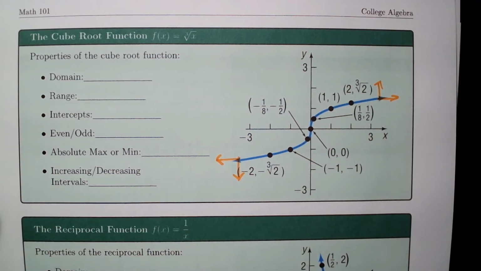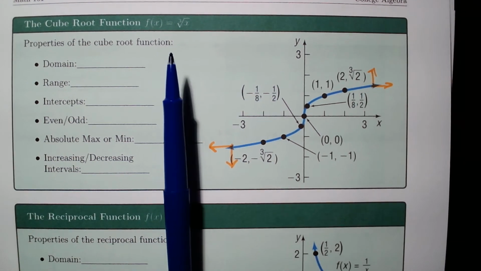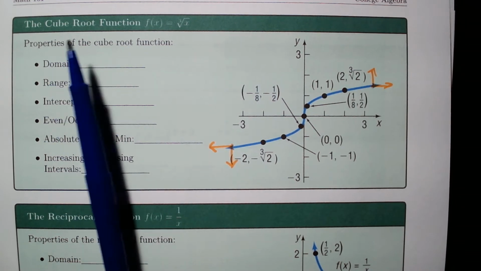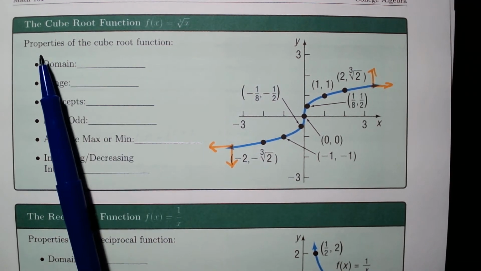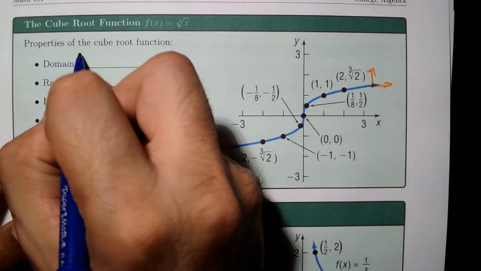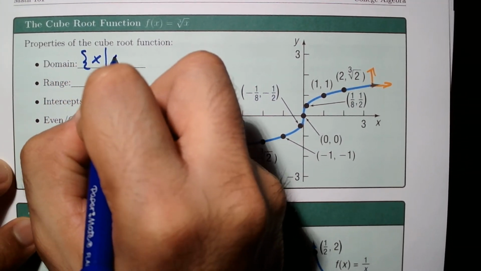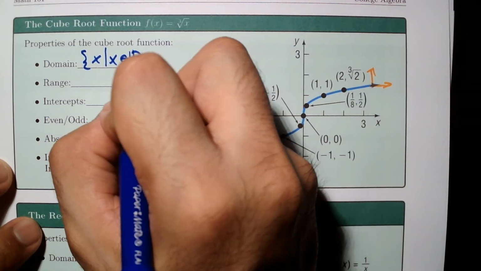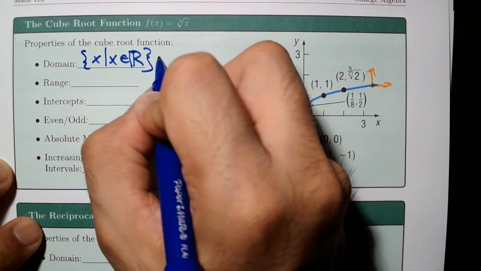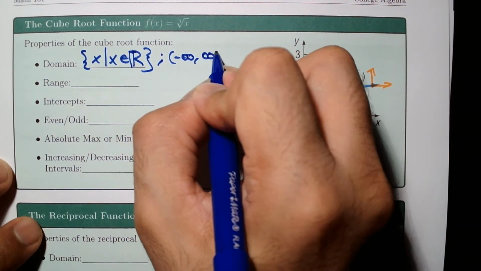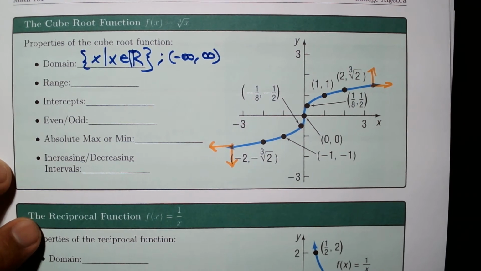Scanning or reading the graph from left to right, we find out that the graph goes to negative infinity in the negative direction and positive infinity in the positive direction. That means x such that x belongs to the set of all real numbers. Interval notation for this, again, negative infinity to positive infinity.